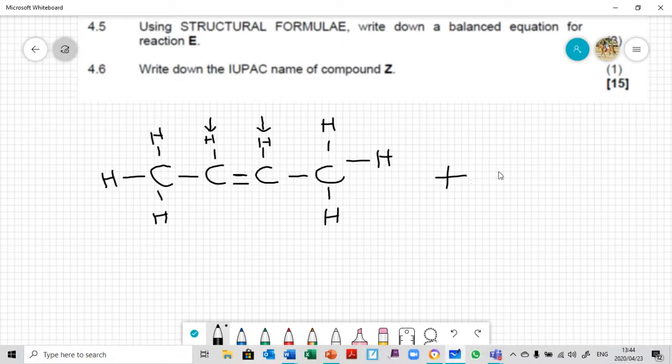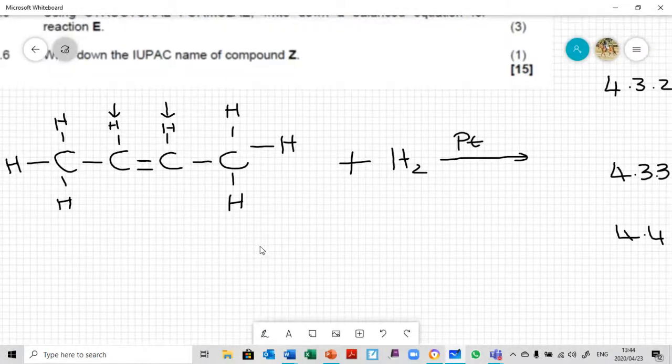Teacher, we've got 5 minutes left. Thank you. Next up, H2. They told me that. On the arrow, what do we add? The catalyst. And now it's super easy. I'm going to write it at the bottom.